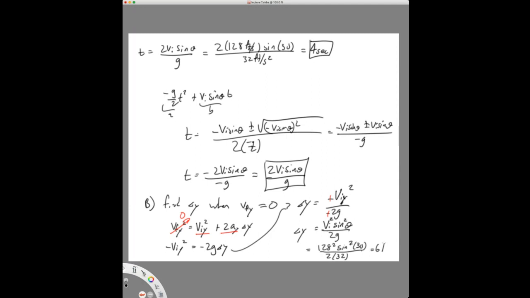And I get 64. And because we're working in English units, this y is not in meters, it's in feet. So 64 feet high.